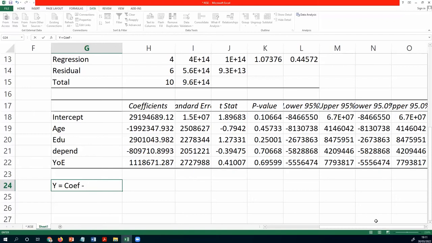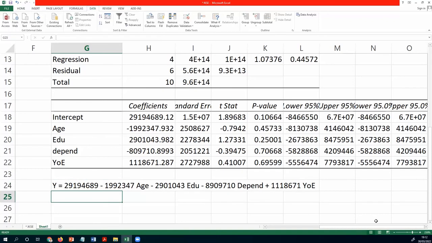The constant coefficient is 29194689, minus 1992347 times the age, minus 2901043 times the edu, minus 8097110 times the dependents, plus 1118671 times years of experience.